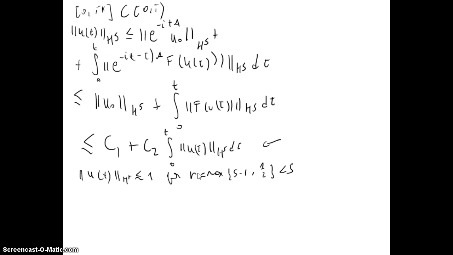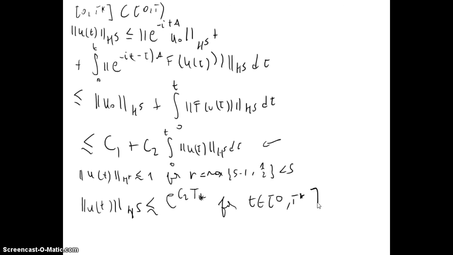Having this bound, we can invoke Gronwall's inequality, and we will have that the norm of u(t) in H^S is less than or equal to e to the constant times T*, okay, the compact interval, for t in the compact interval [0, T*] included in [0, T).